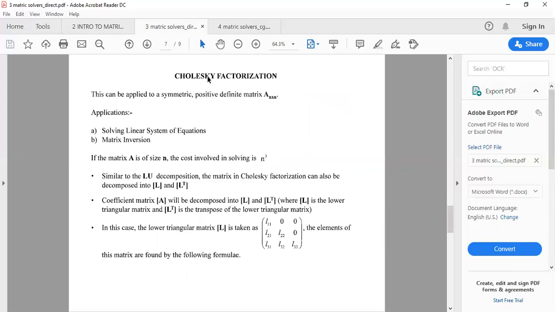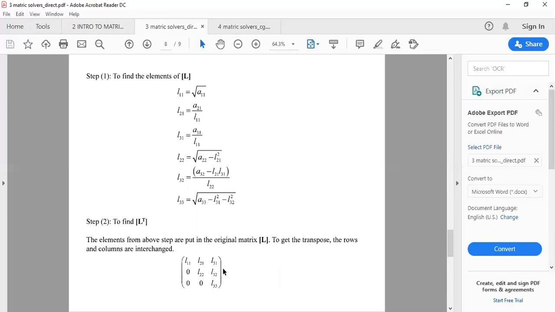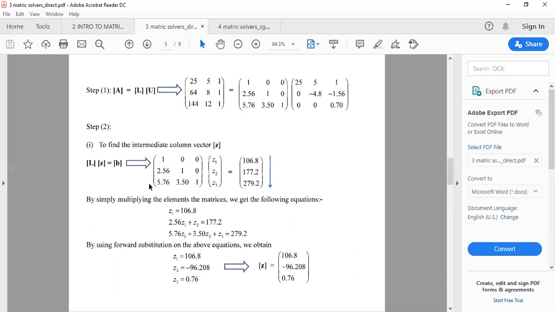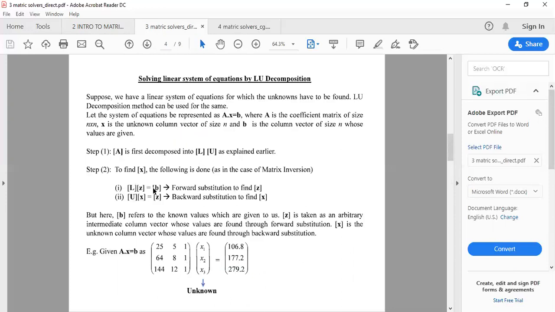There are other factorization techniques also, such as Cholesky factorization. In LU decomposition, L and U are nowhere related.